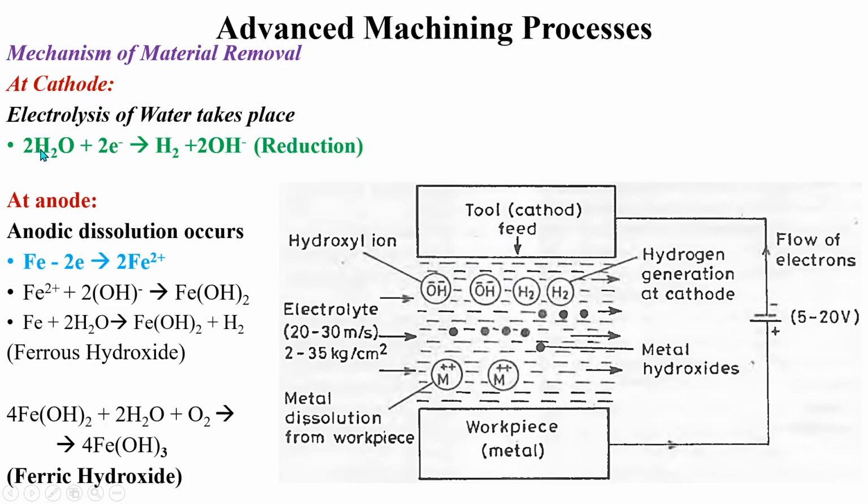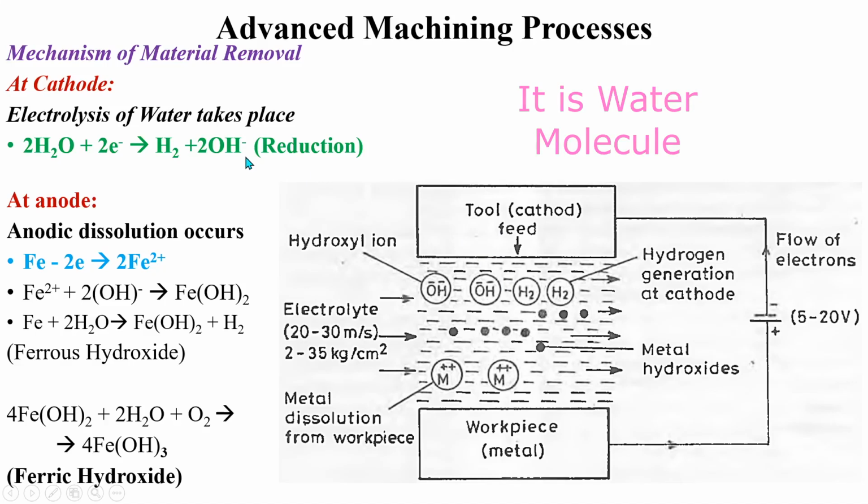Here the water molecule absorbs the electrons from the cathode to form hydrogen gas and hydroxyl ions. So this is a reduction reaction happening between the cathode material and the water molecule.